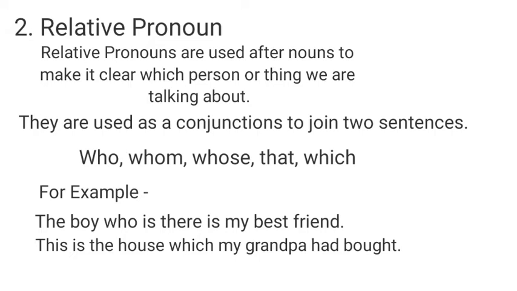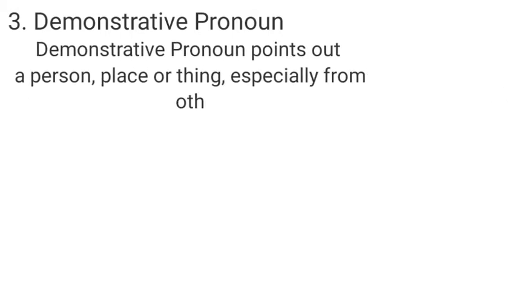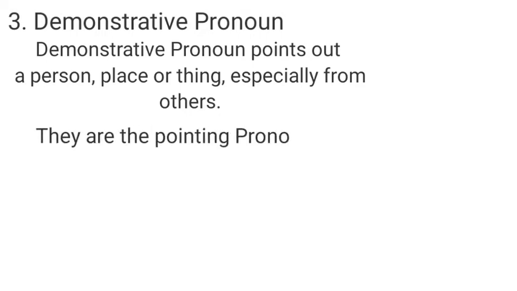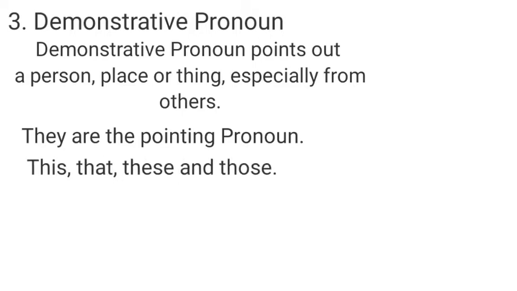And now let's come to our next kind, and that is demonstrative pronoun. Demonstrative pronouns point out a person, place, or thing specially from others, or you can say that they are the pointing pronouns, and altogether they are 4 in number: this, that, these, and those.